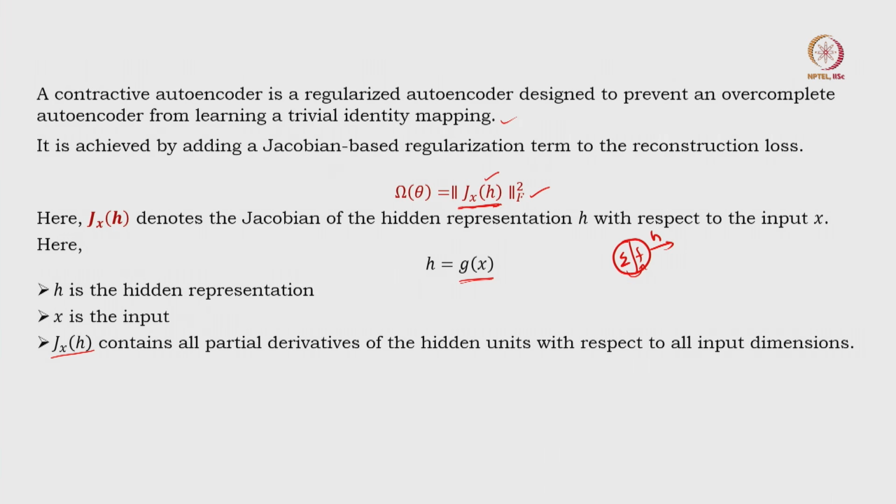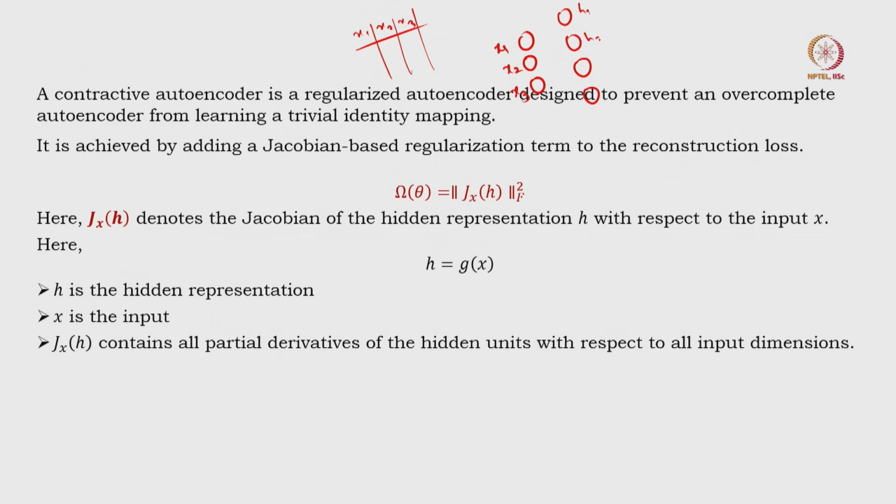Now, to understand this with a diagram, let me give you one example. We have the input, and then we have a hidden representation. Let us consider x1, x2, x3. These are the three features in the data set. And this is h1, h2, h3 and h4.